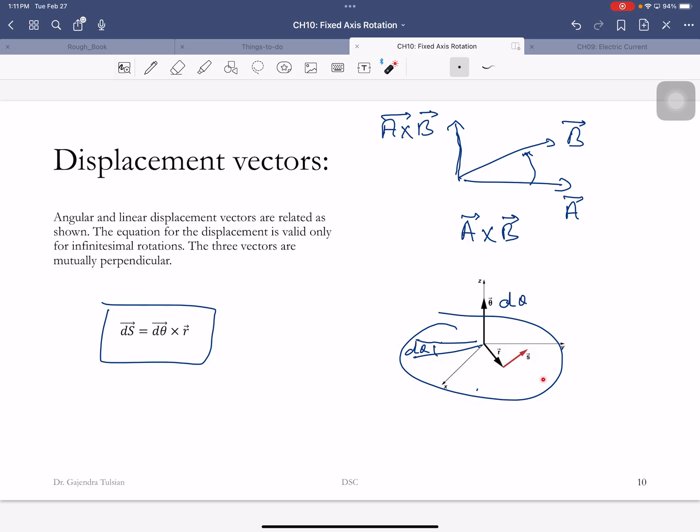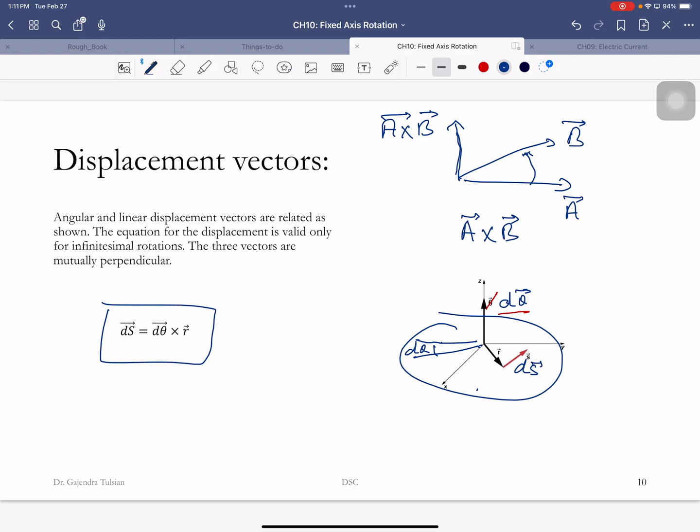So if this was a disk, when the disk rotated through a small angle, the angular displacement is that, d theta. It's a vector pointing in that direction, and a point r, this point, which is r distance away from the axis of rotation, moves ds. That should be ds.